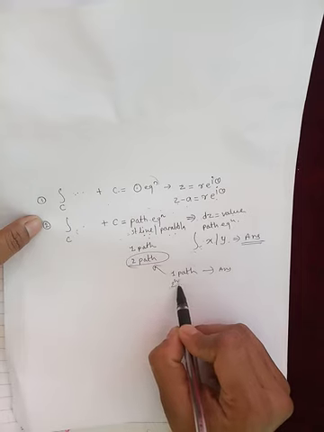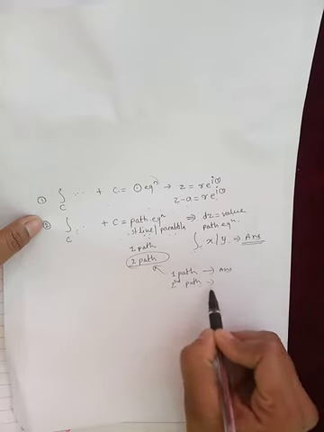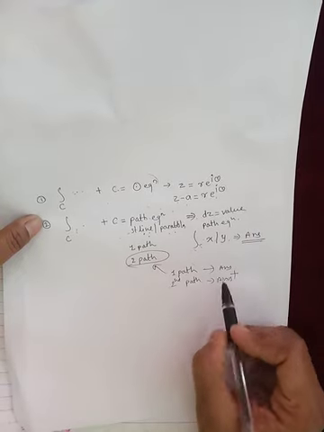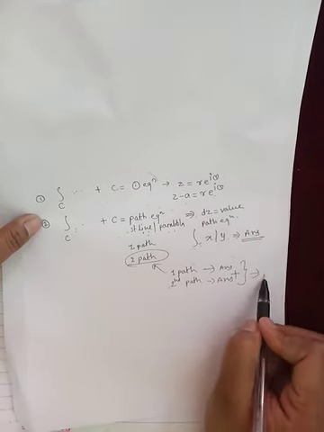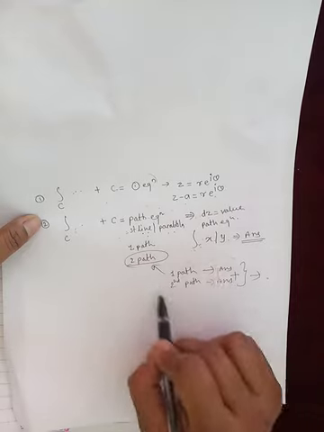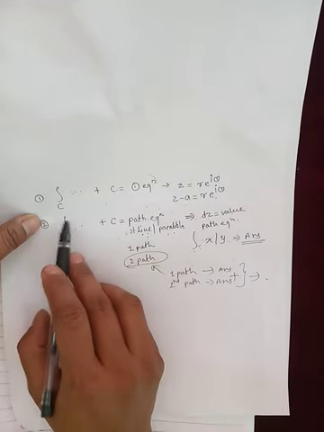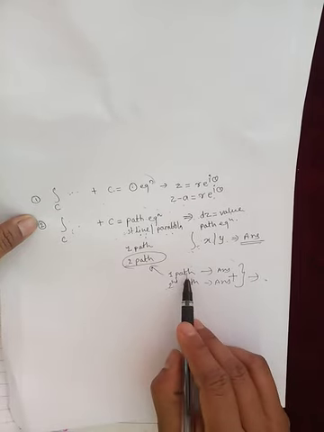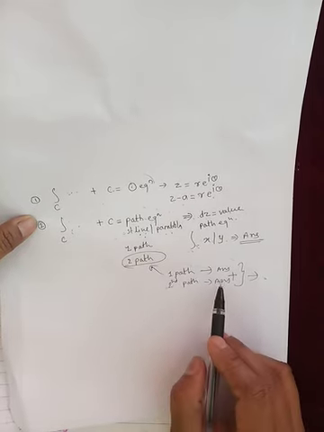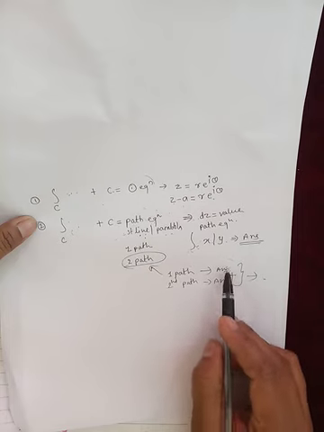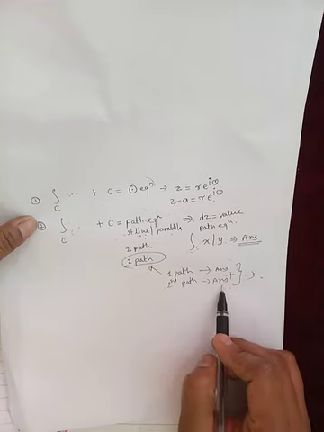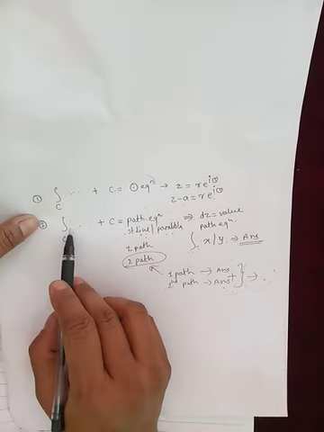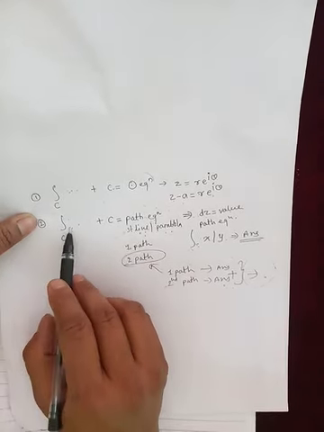Again consider the second path and find the answer for the second path, and add these two answers, we get the required answer for the total path. So separately we have to find the answer for separate paths and just add the answers of all the paths, we get the required answer of that integration.